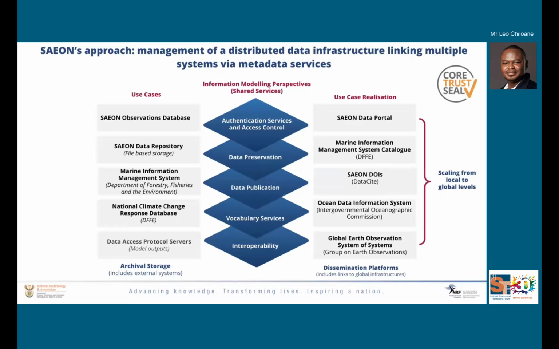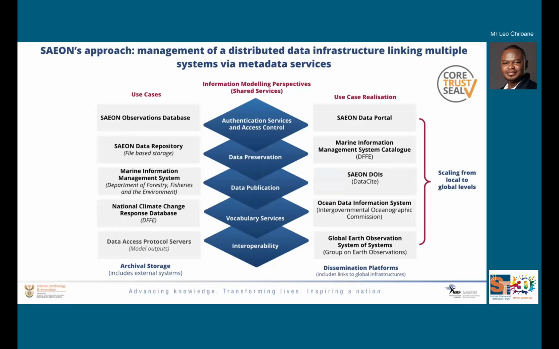But alongside this, because we realize that we cannot operate in silos, we try to feed our data into global platforms. So in the context of the Marine Information Management System, it is accredited with the Ocean Data Information System. And then in our context, we provide data to the Group on Earth Observations.